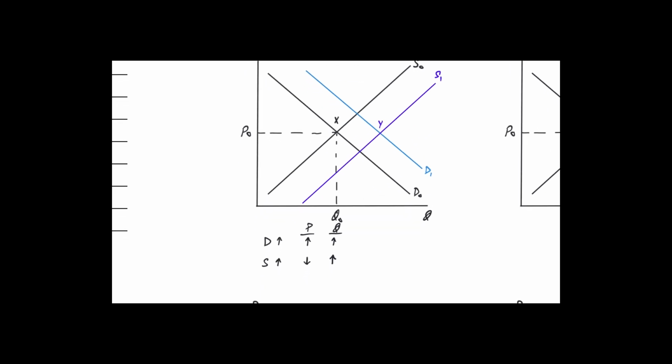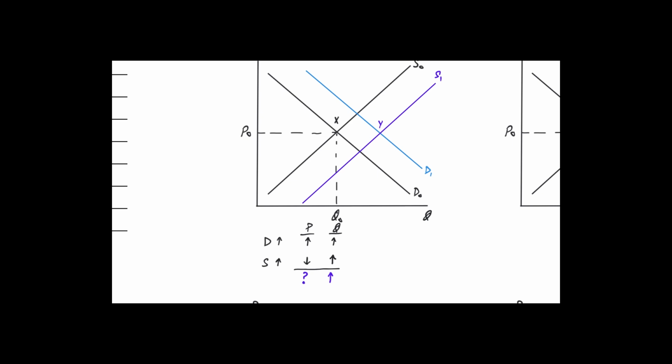Now we have a result here. I'm going to study the result like this. In one case, the price went up. In the other case, the price went down. So I don't exactly know whether the price is going up or down. As far as the quantity goes, the quantity is going up in both cases. So that means quantity has a definite increase that's going to take place.